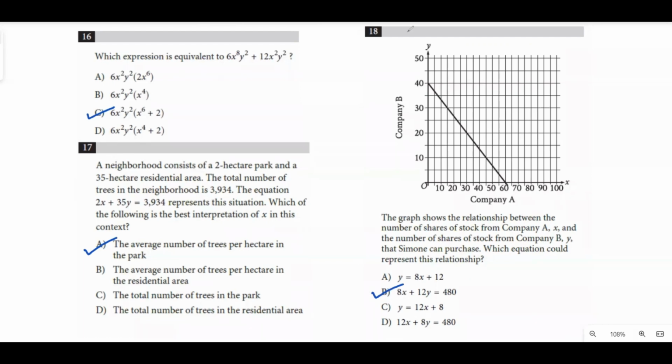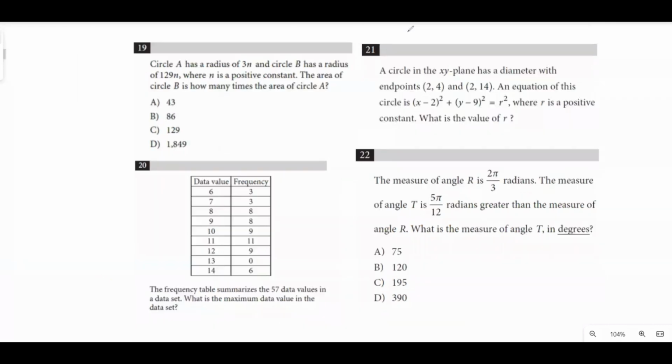Now we can move forward to question number 19. Circle A has radius 3n and circle B has radius 129n. The area of circle B is how many times the area of circle A?